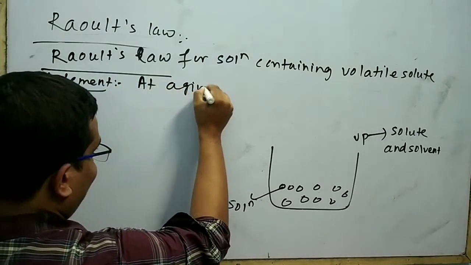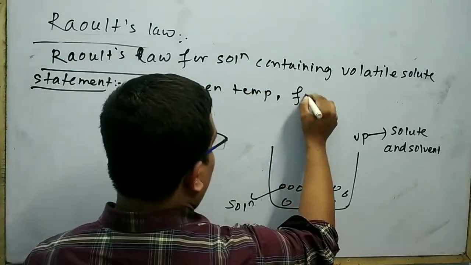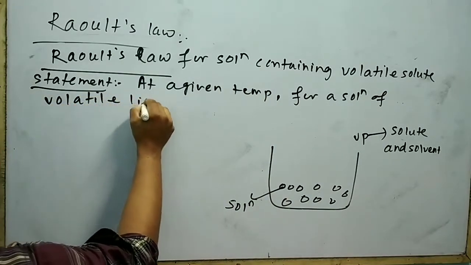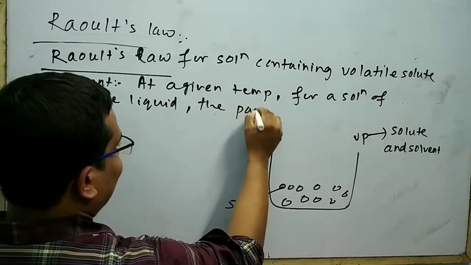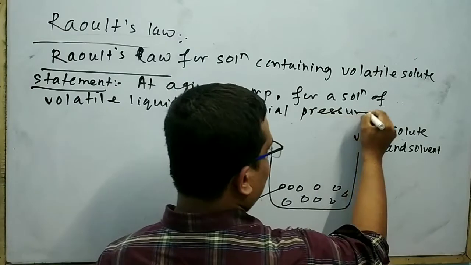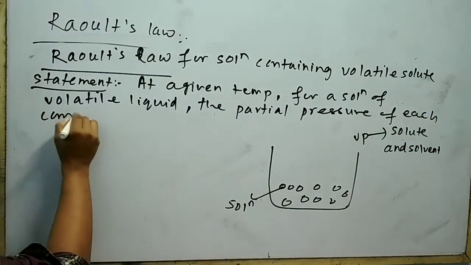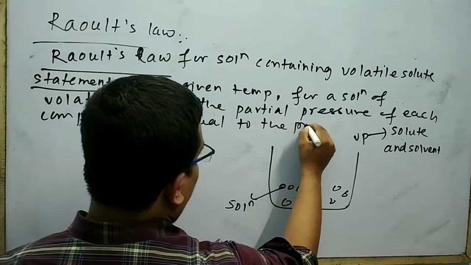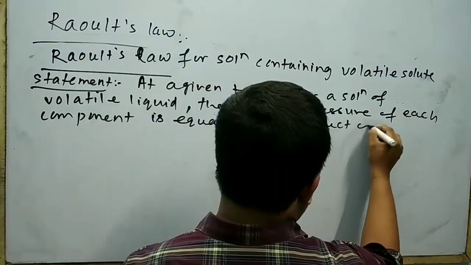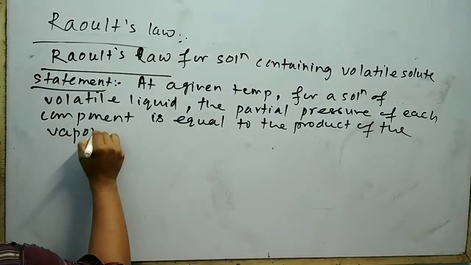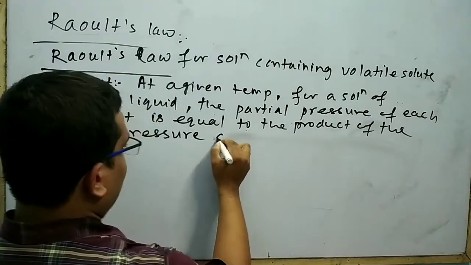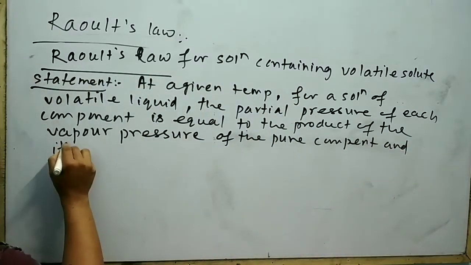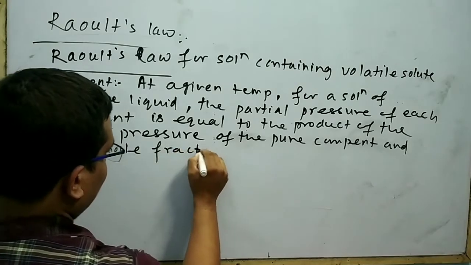At a given temperature, for a solution of volatile liquids, the partial pressure of each component is equal to the product of the vapor pressure of the pure component and its mole fraction.